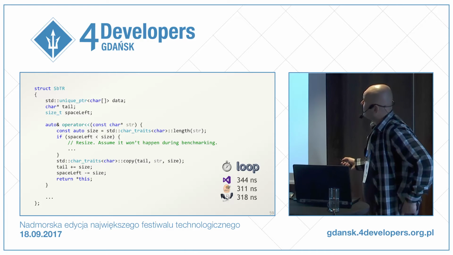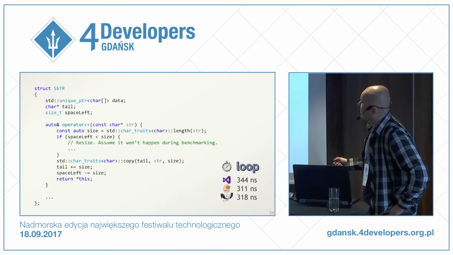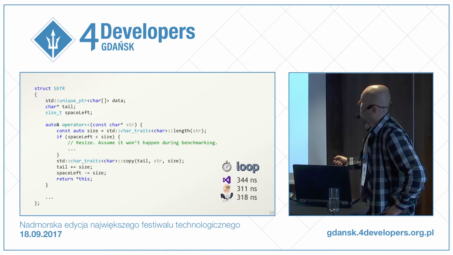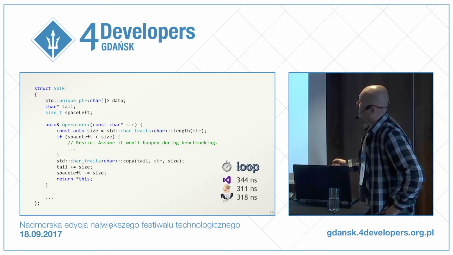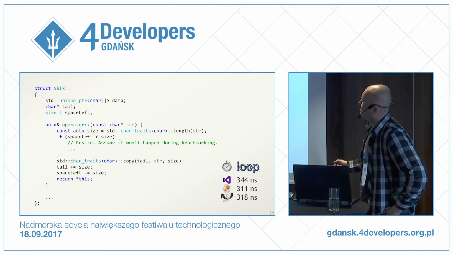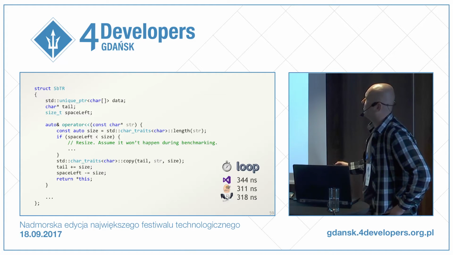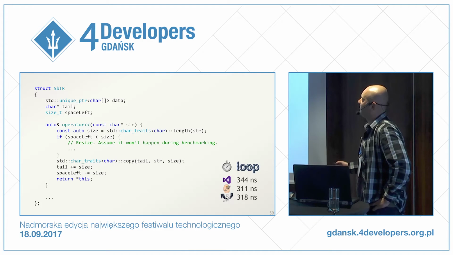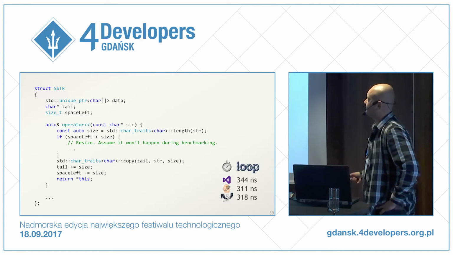The first model, take a look here. We have a unique pointer of arrays of characters, right? We have something which designates the tail, initially pointing to the beginning of data, and some numbers saying how much space we have. Operator left.